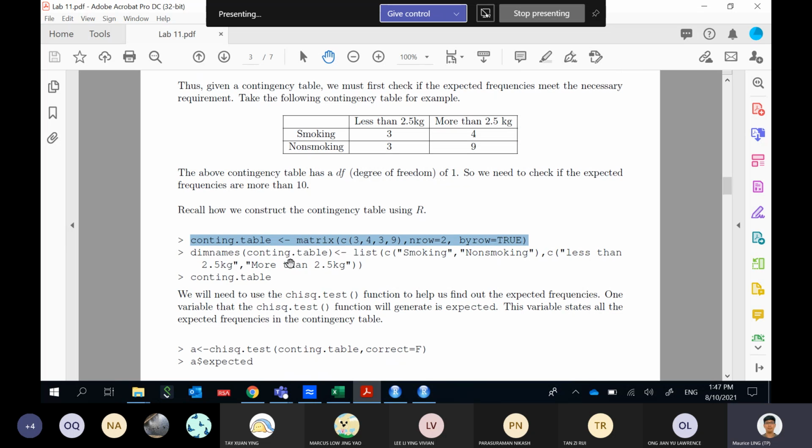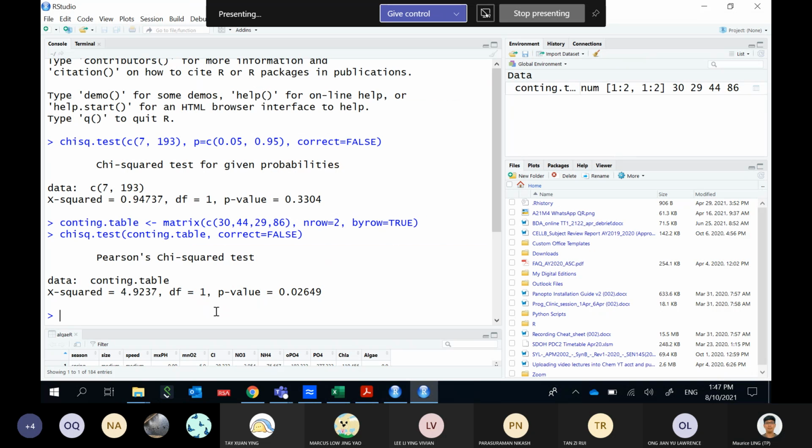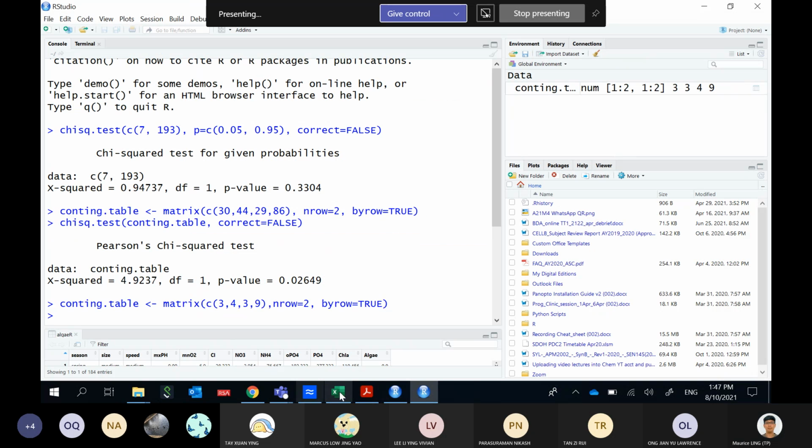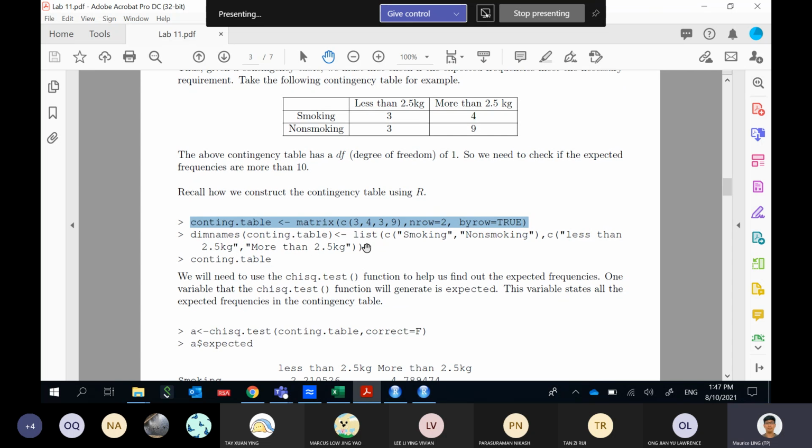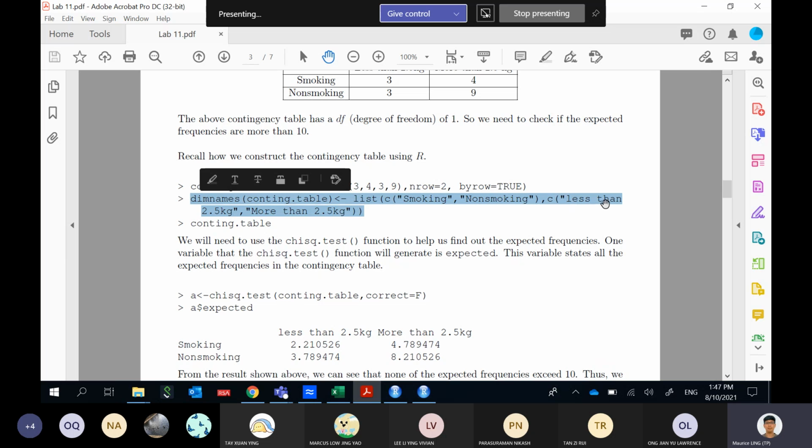Then the next step is, so let's build a contingency table first. Okay, the next line doesn't give us anything. It is basically giving us the labels. Smoking, non-smoking, less than 2.5, more than 2.5. That's all. Okay, it's declaring the names of it.